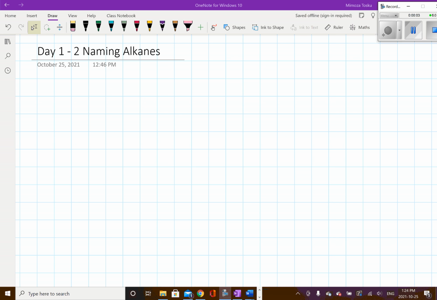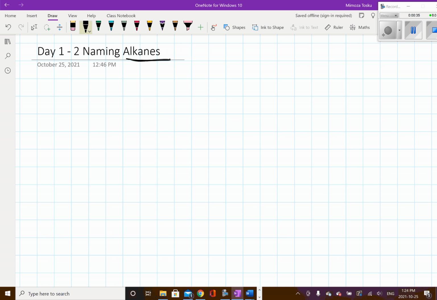Okay, so today we'll start with naming alkanes, naming them in an unbranched way, and then naming the branched alkane. Just keep in mind that alkanes are part of aliphatics, bonding carbon and hydrogen, and when the carbons are single bonded between each other, they are known as alkanes.